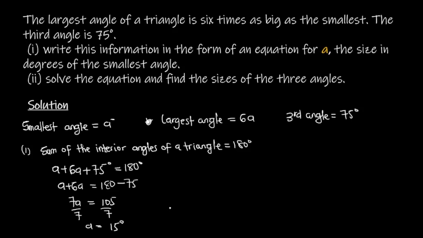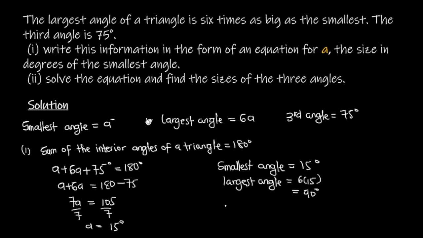So what this means is that my smallest angle is 15 degrees. The largest angle is 6 multiplied by 15, which will give me 90.